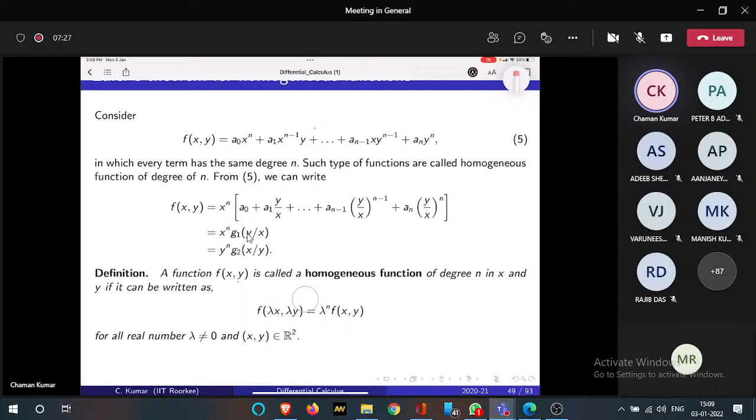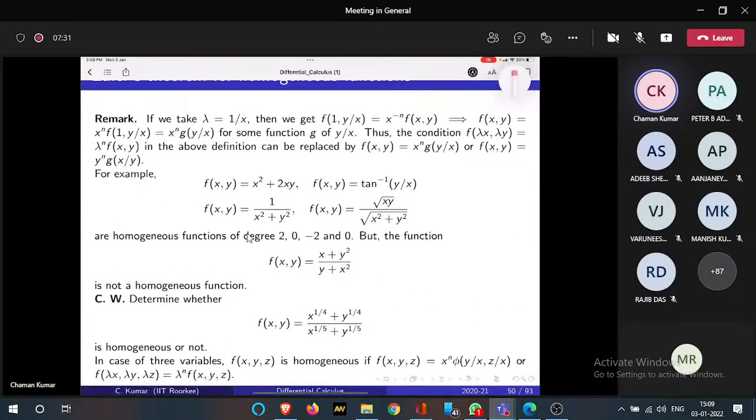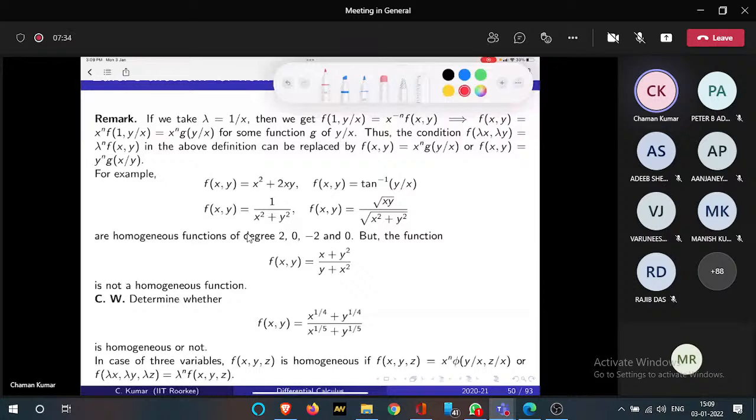Okay, so using this definition, we can visit some examples. Before that, we have one remark.